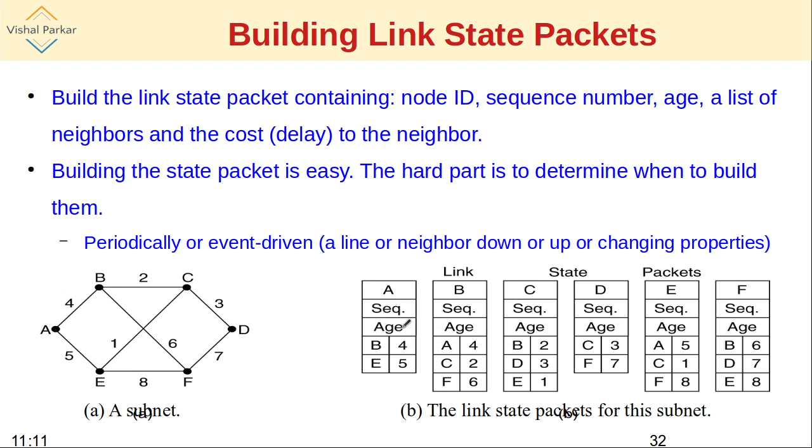We'll see what the age is afterwards. A's neighbors are B and E. For each of those neighbors, the cost A has calculated will be put into the corresponding entry. For B, it takes 4, and for E, it takes 5. Similarly, B, C, D, E, F will calculate their own link state packets.